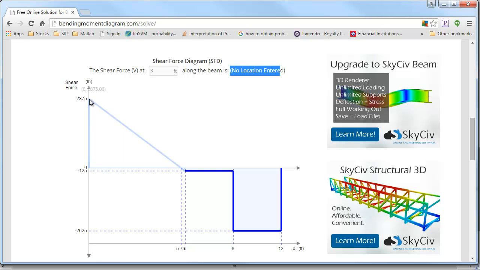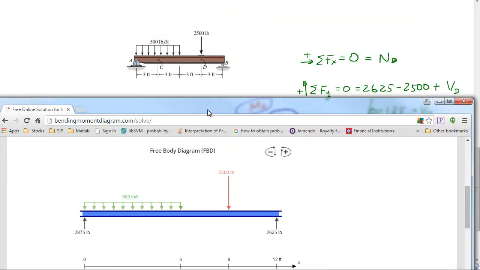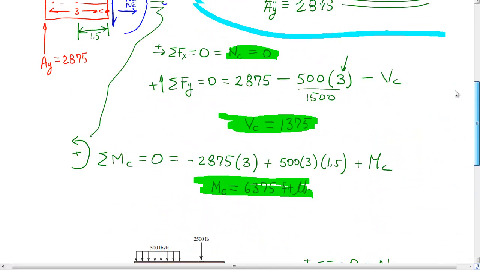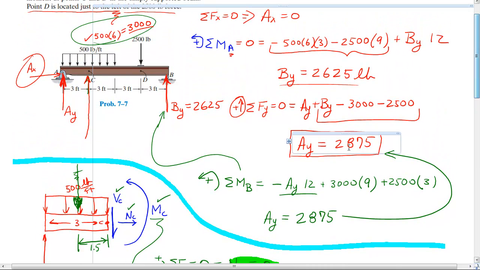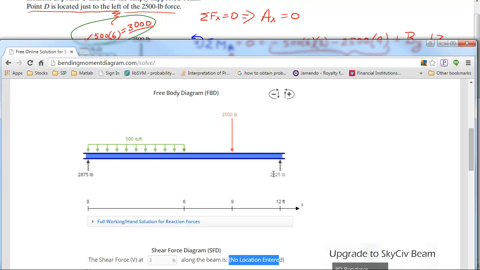What I can do is put a straight line in here and figure out where it is and its value. But of course, let's take a look and make sure. Okay, there's the 2875. That's actually what I've got for the load. So 2875 right here, and there's the 2625 over here.